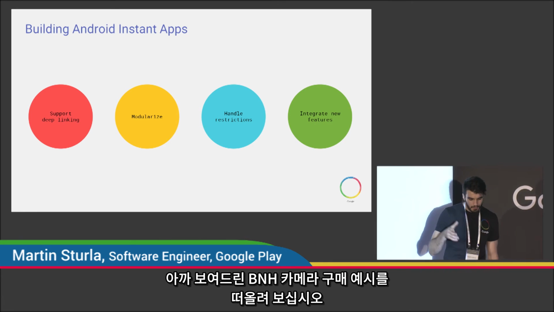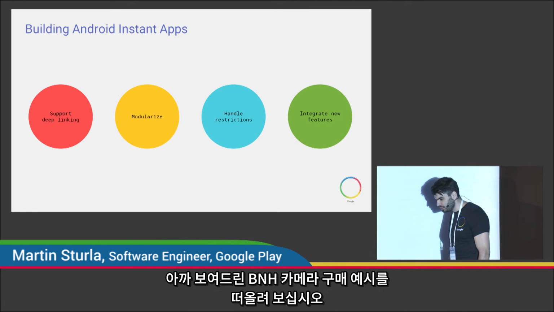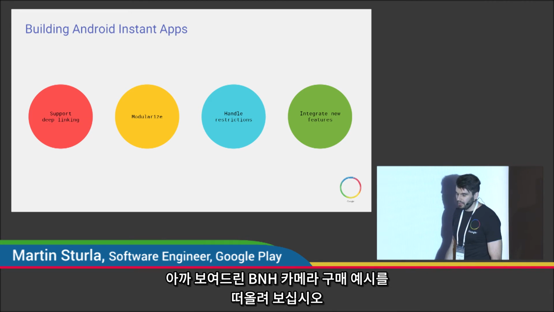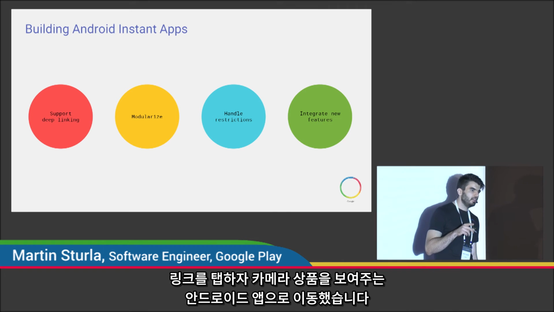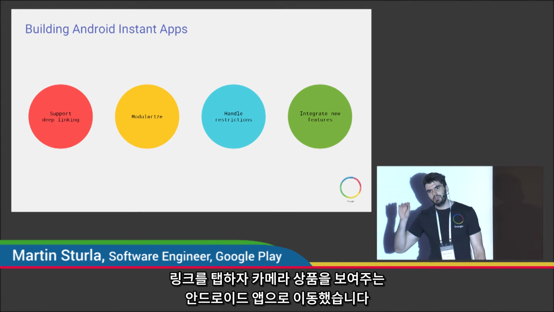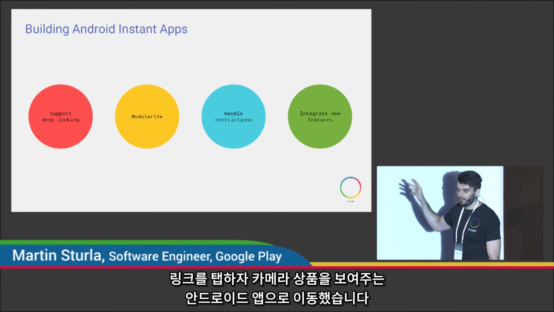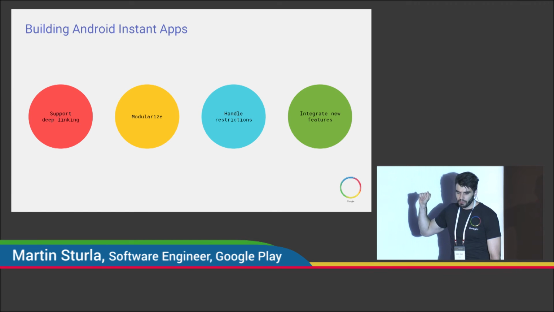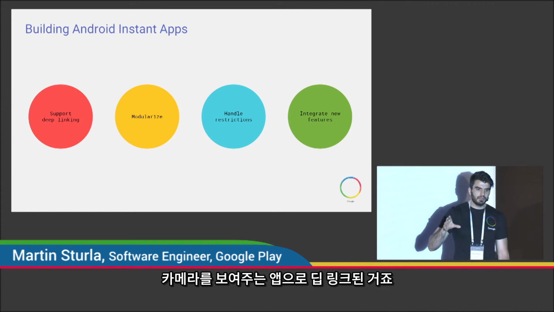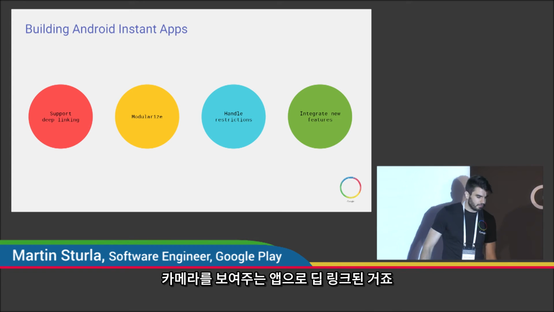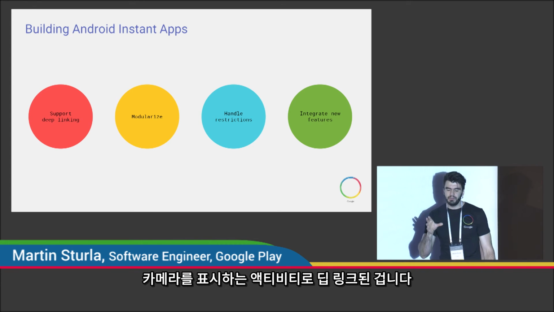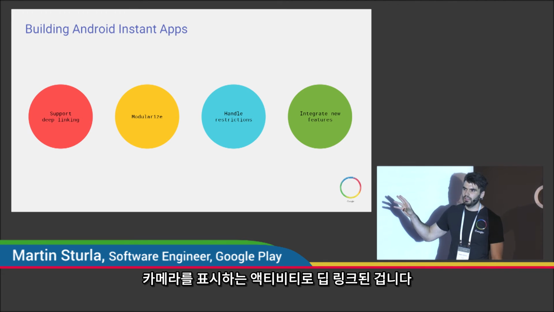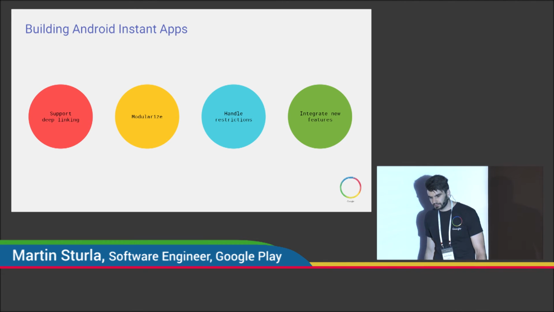Now, if we recall a moment back when I was showing the B&H example and I wanted to purchase a camera, I tapped on the link and I was taken to the Android app showing the camera. So I was deep linked into the app showing the camera. Technically, what happened under the hood was I was deep linked into the activity that displays the camera.